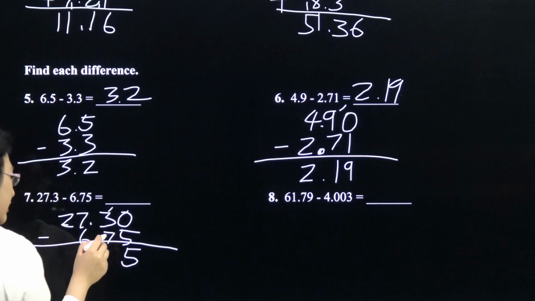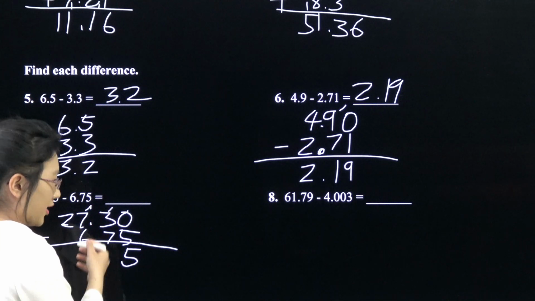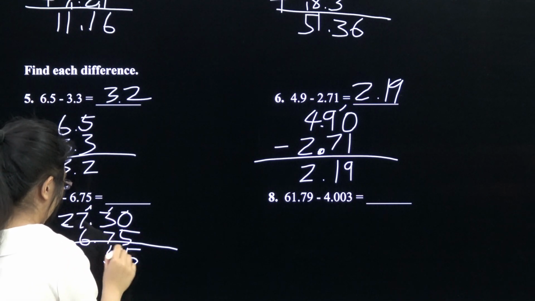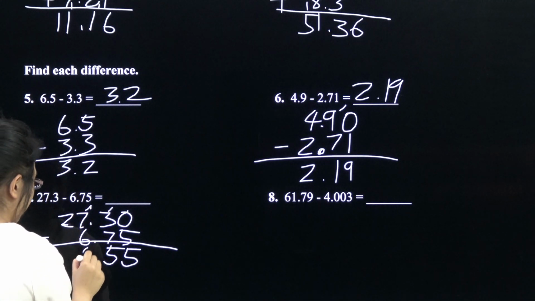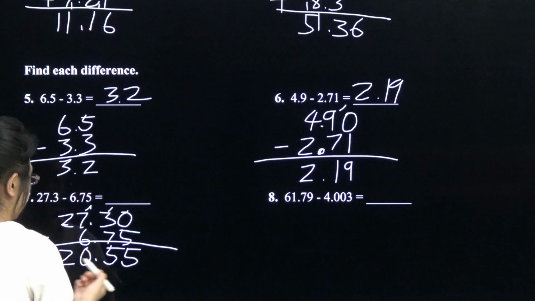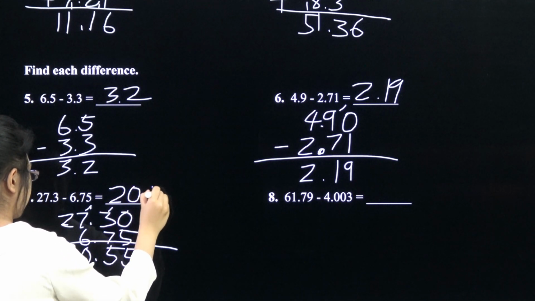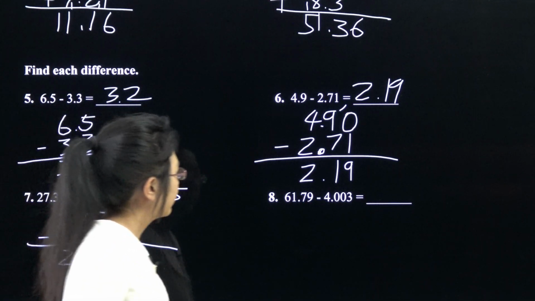Because last time I checked, 2 minus 7 doesn't really work. At least, not in this case. So that's 12 minus 7 now. That's 5 again. And then here it's 6 minus 6, which is 0. 2 minus 0 is 2. Which leaves us with 20.55.